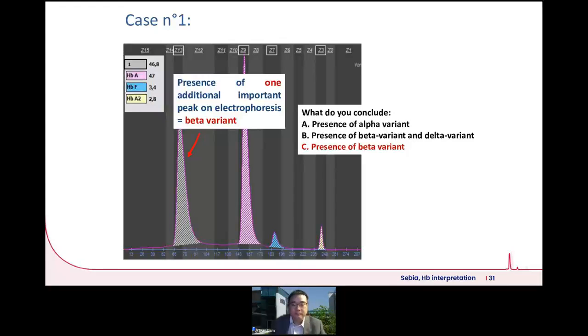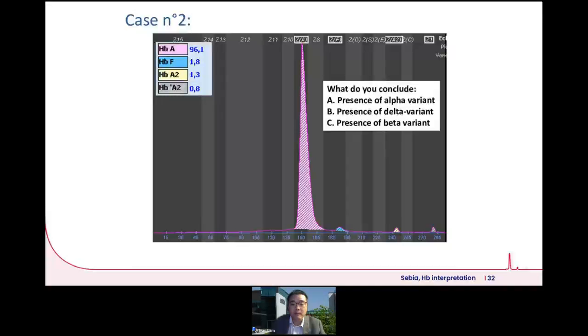Right. So remember that the shift in the beta variant position is not confined to only the left or the right, because it depends on the chemical change in the beta gene. It could be either direction, right? So how about this case? Pretty much the main change would be the splitting of hemoglobin A2.